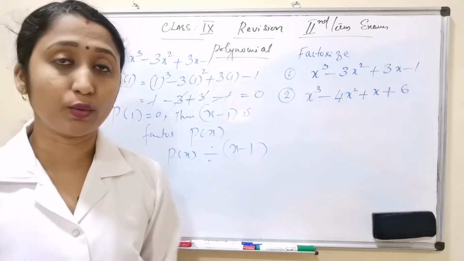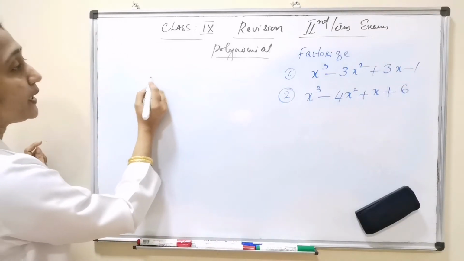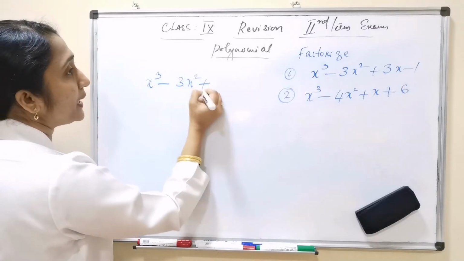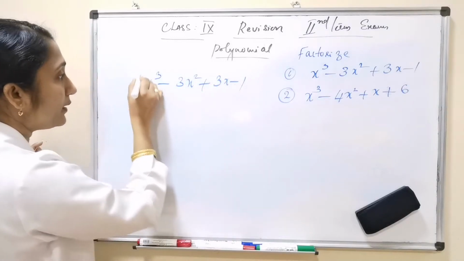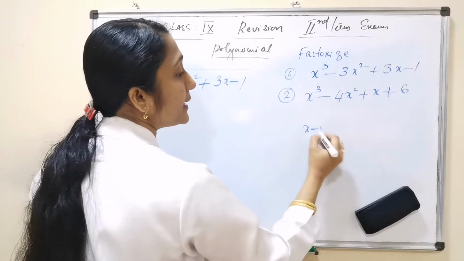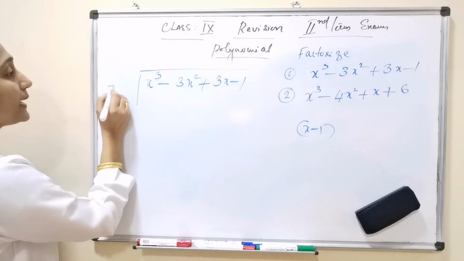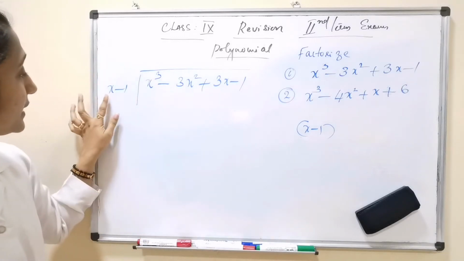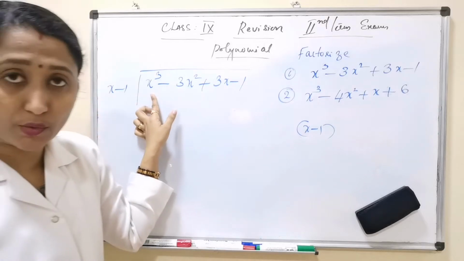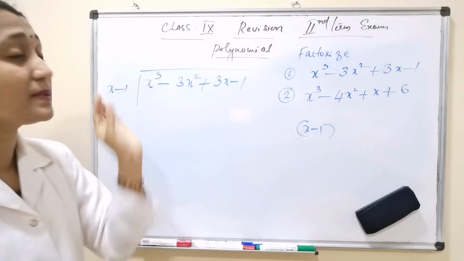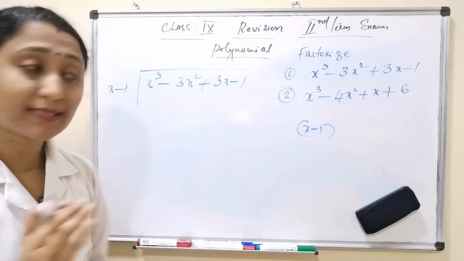Let us see how to do. So here x cube minus 3x square plus 3x minus 1 divided by the factor x minus 1. In the first step, what is here? This is x cube. So which term do we multiply with x to become x cube? That is x square.